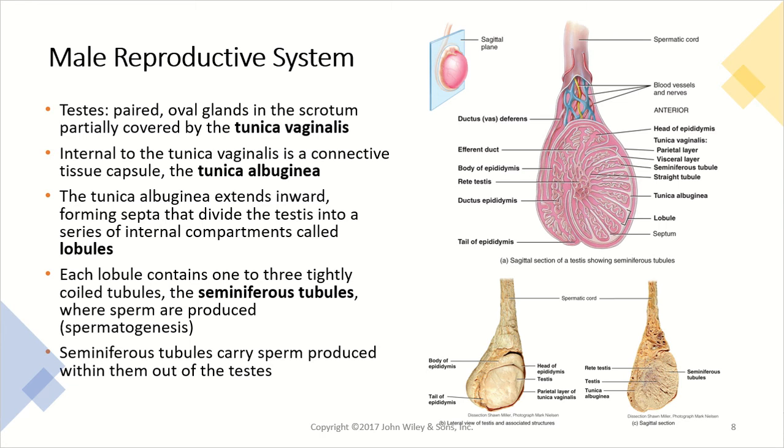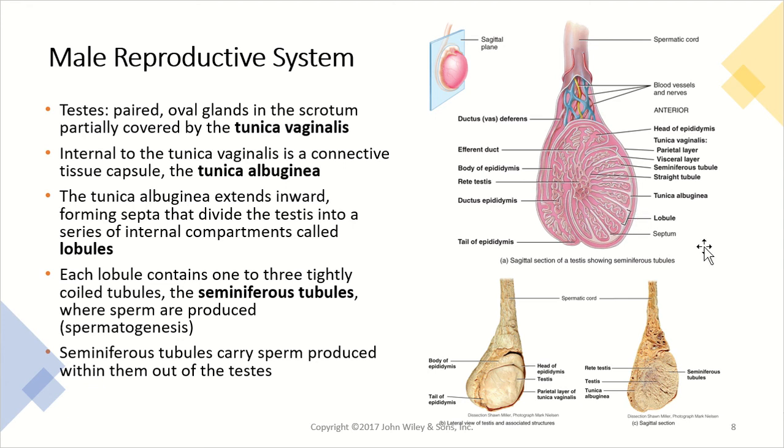Internal to that tunica vaginalis is a connective tissue capsule called the tunica albuginea, and the tunica albuginea extends inward as septa that divide the testes into a series of internal compartments called lobules. So we have our lobules here that are produced by these little extending inward bits of the tunica albuginea.